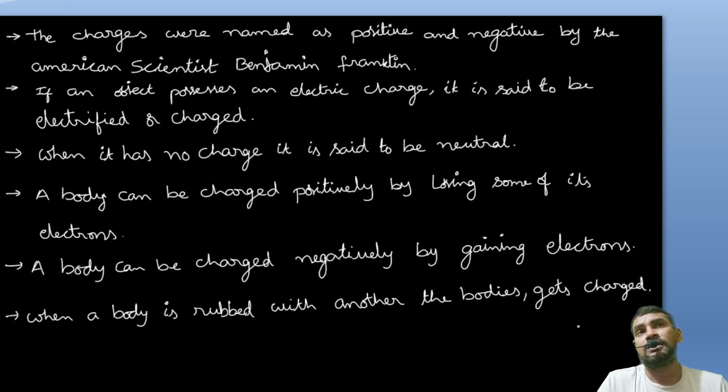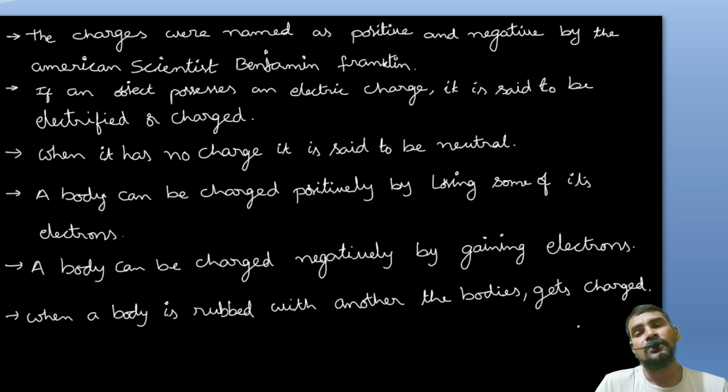When an object possesses an electric charge, it is said to be electrified or charged. If an object is gaining or losing some electrons, then we can say it is charged or electrified.